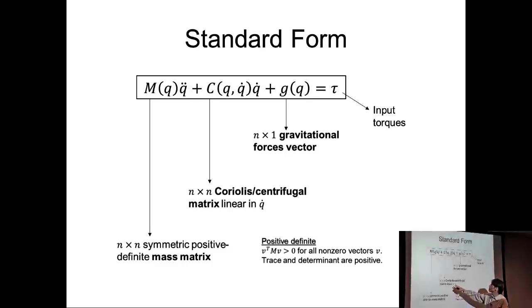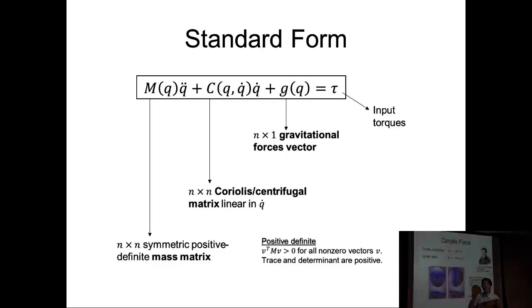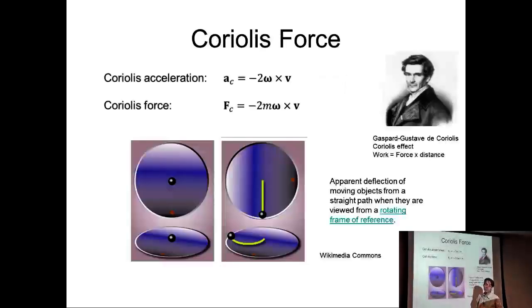What I want to do is spend a little bit of time talking about the Coriolis and centrifugal forces, because sometimes this can be confusing at first. So let's consider this example of a turntable that's moving counterclockwise. There's a ball here, and it's pushed straight towards this red dot. If you're standing on top of the table looking down, you'll see this ball move in a straight line, and the red dot, of course, will move to the 3 o'clock position because it's rotating counterclockwise.